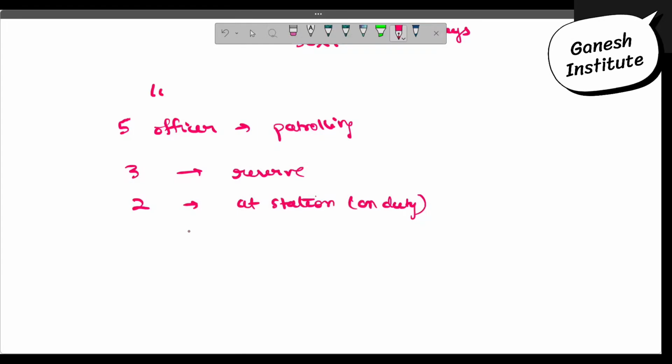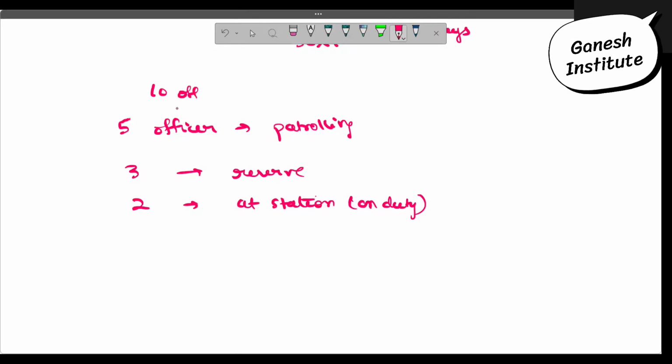And you have 10 officers. So tell me how many different divisions of those 10 officers can you form into 3 groups?